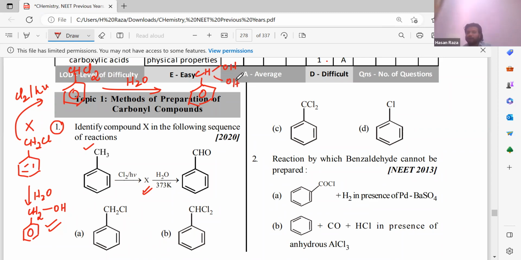Two OH groups on a single carbon is unstable, so H2O will be eliminated, and there will be formation of benzaldehyde. That's why X is basically this CH. So the answer is B.